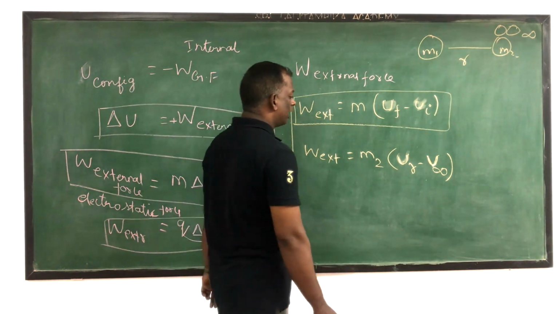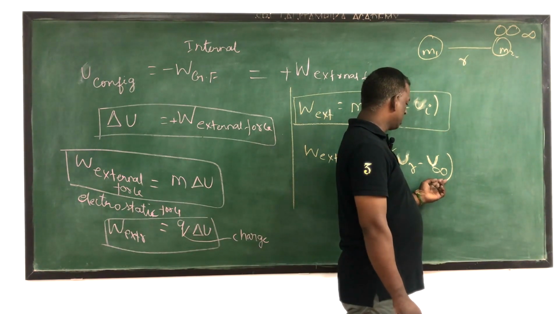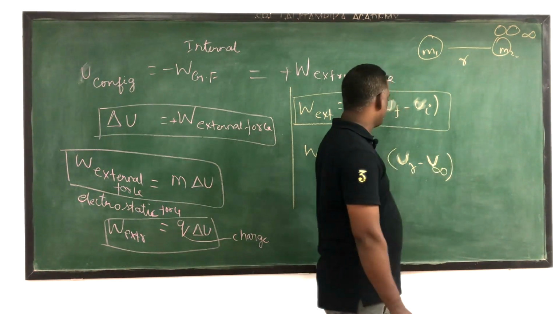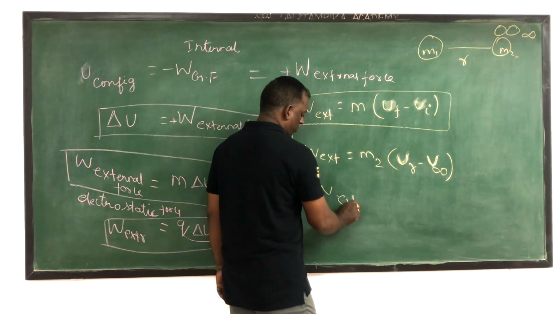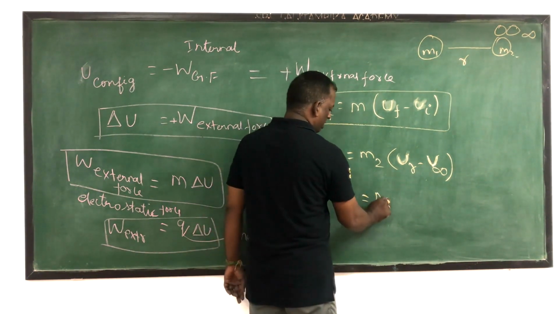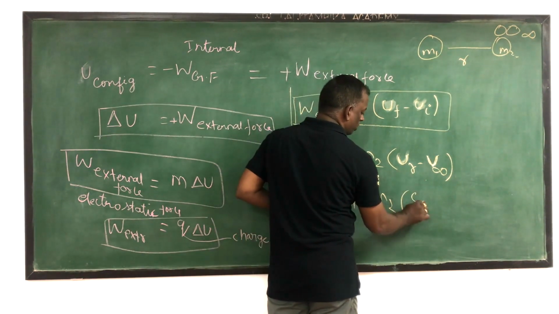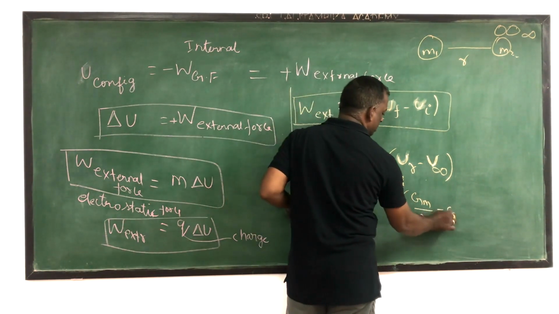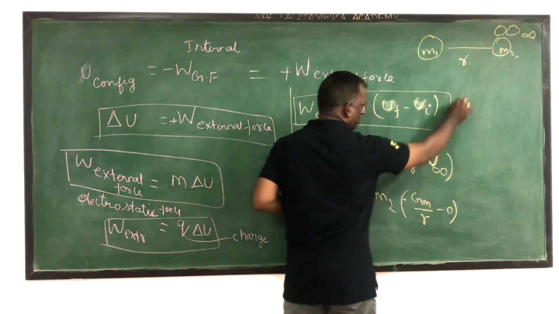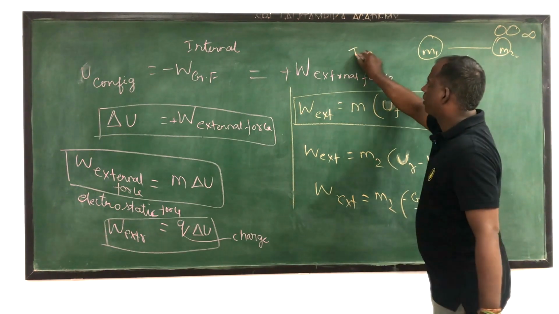We know that U infinity is equal to 0. Then work done by the external force is equal to M2 into, the potential energy being G M by R, so it is minus G M by R minus 0. For the 2 masses, we calculate the potential energy.